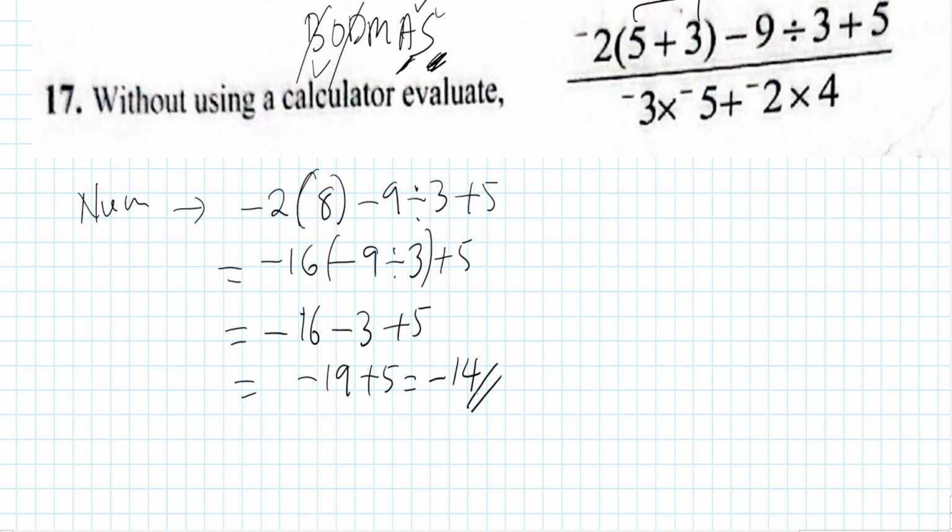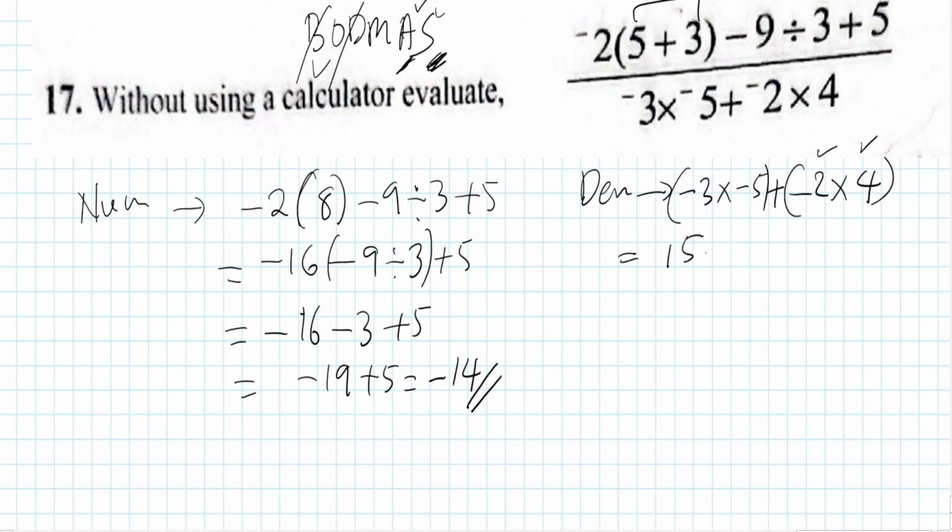So that's the numerator. What about the denominator? The denominator will be minus 3 times minus 5 plus minus 2 times 4. You'll just start with the multiplication because there's no division or brackets. Minus 3 times minus 5 is positive 15.